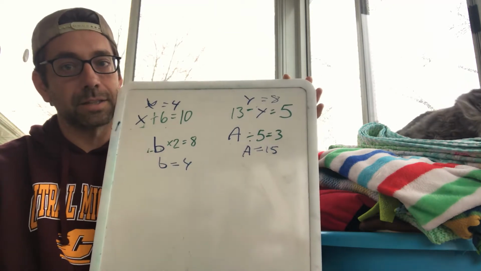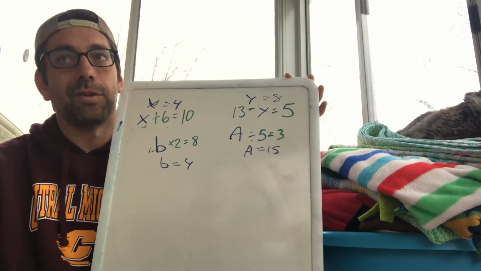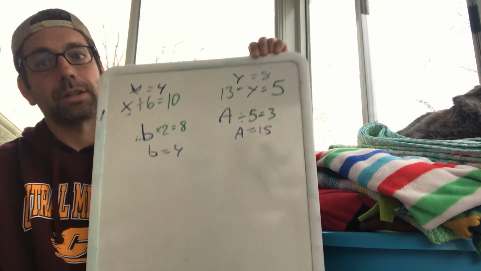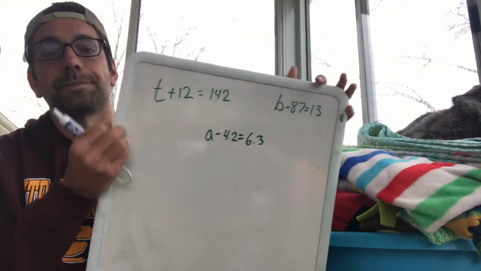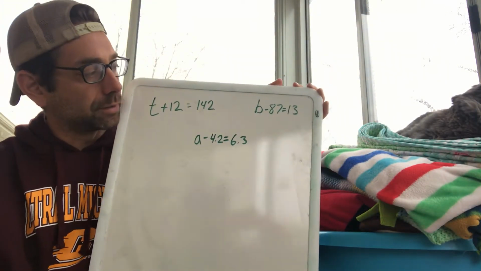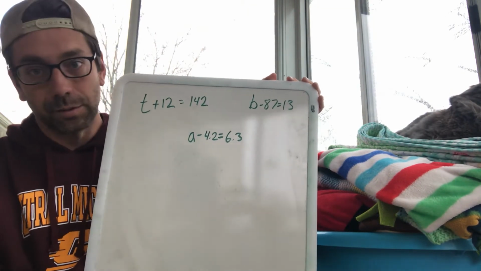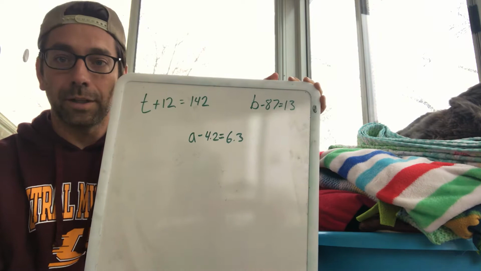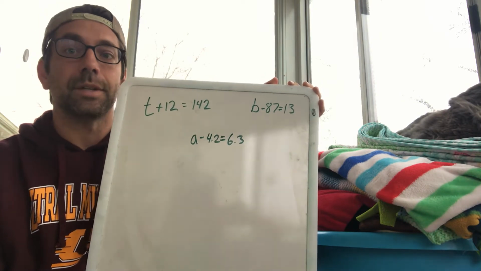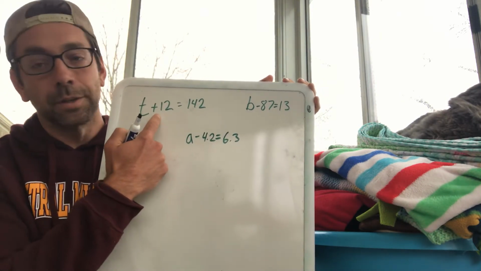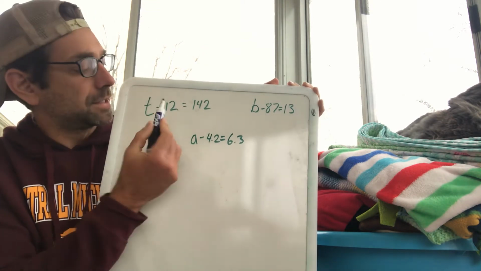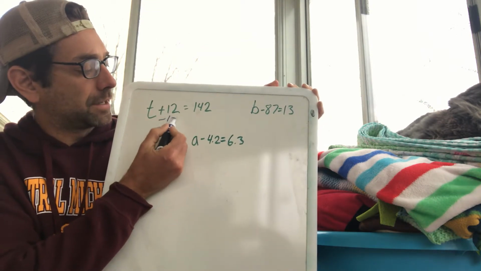What gets tricky is when you don't just know the number and you can't just look at it and solve it. So if you don't just know the number, you have to find another way to solve it. So let's take a look at some adding and subtracting ones. Something plus 12 equals 142. The way you want to go about solving these is you want to see the operation there. You want to do the opposite thing. So if I see plus 12, I really want to take minus 12.